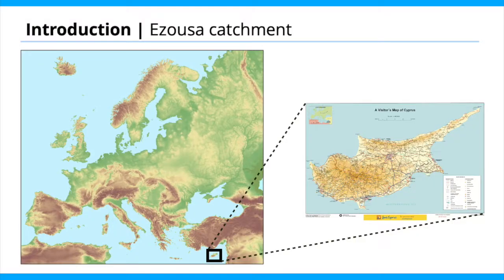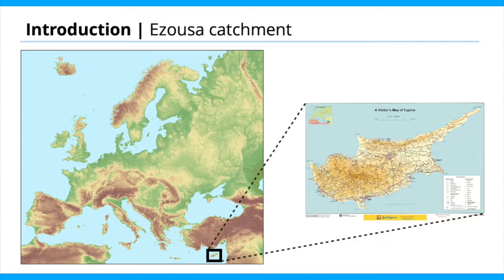So basically, we start by introducing Cyprus, the location of Cyprus. For those who don't know where Cyprus is located, it's an island at the east part of the Mediterranean Sea.